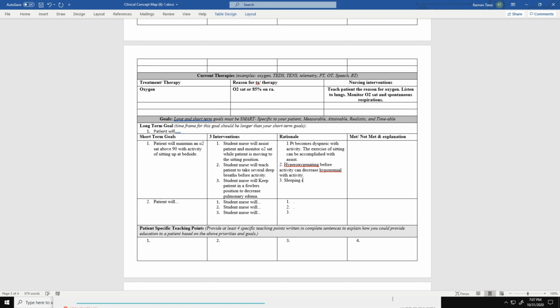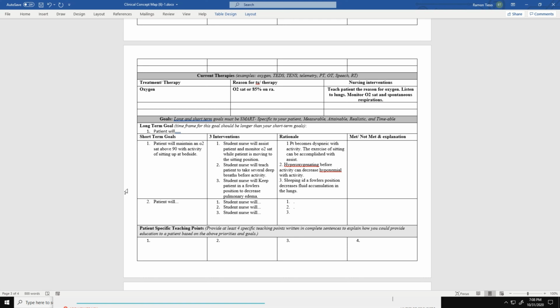So sleeping in a Fowler's position decreases fluid accumulation in the lungs, and that is compared to lying flat. So that's what you're going to put. You're going to put something like that, right?